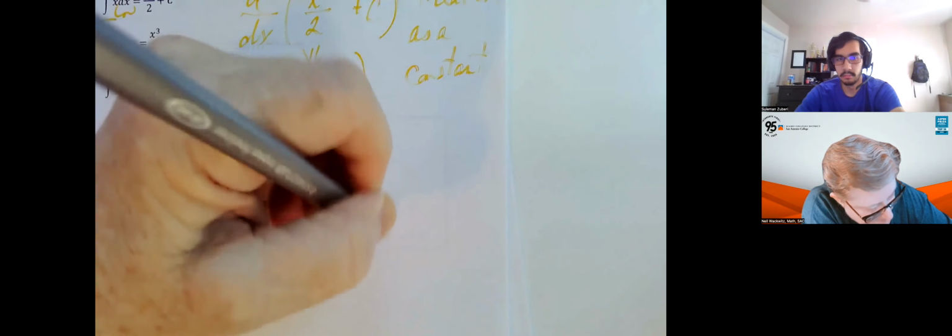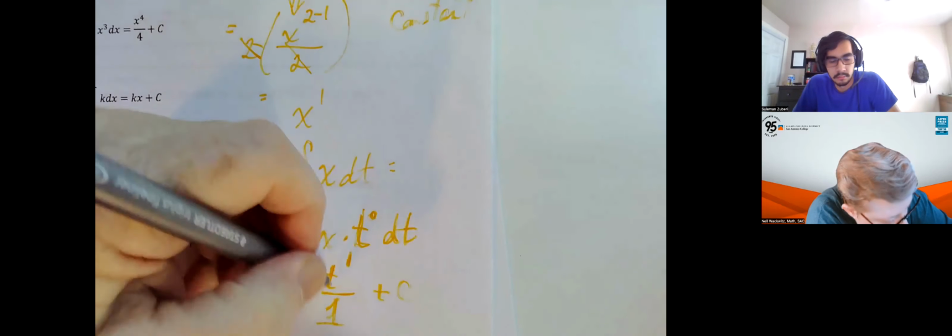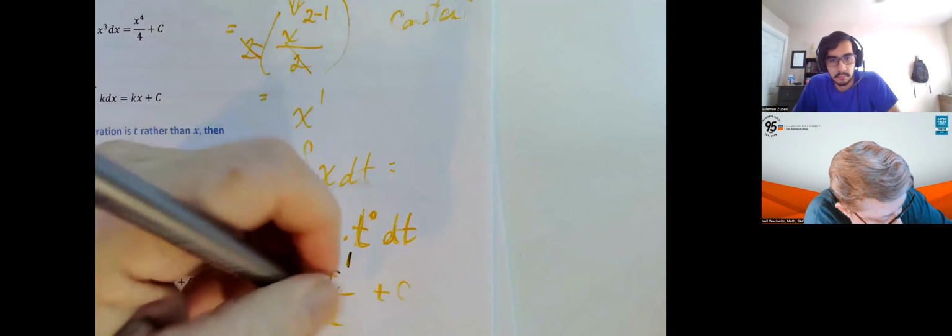But now I see that this x comes out. The rule says increase the exponent by 1 and divide by that new exponent, and then add c. And therefore we do get x times t plus c.